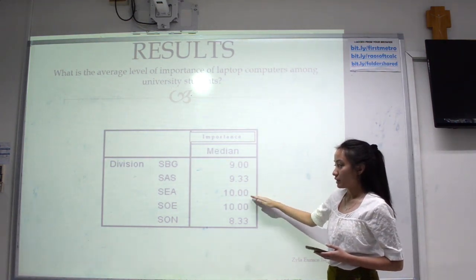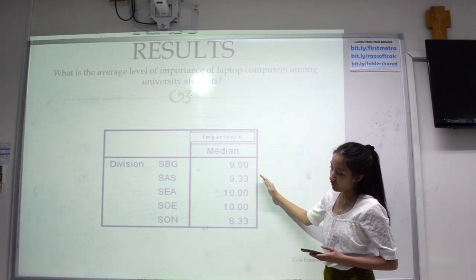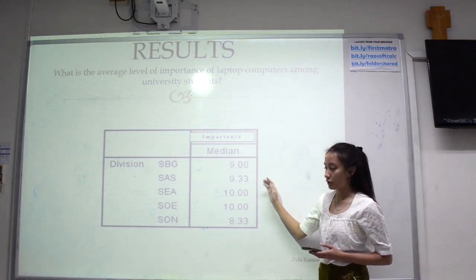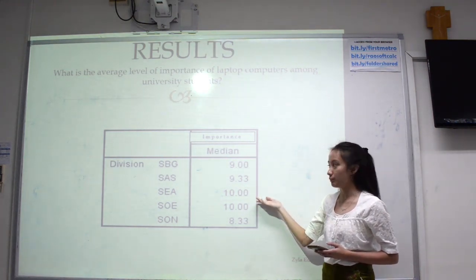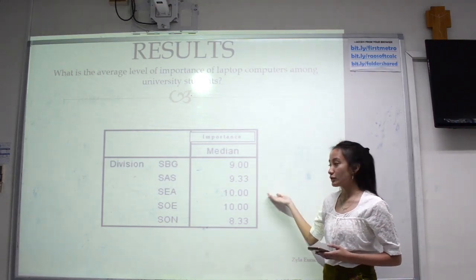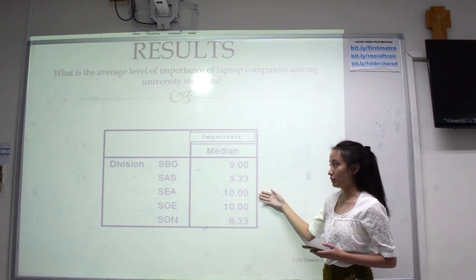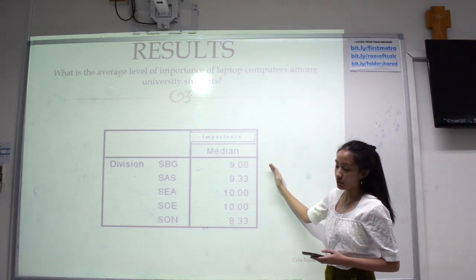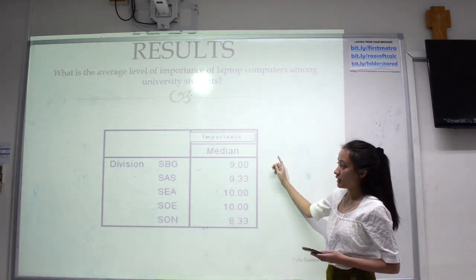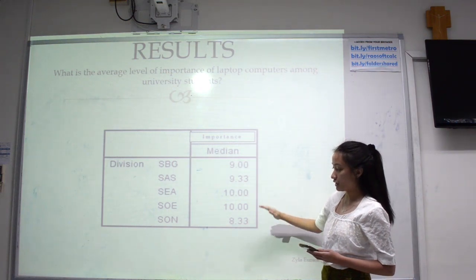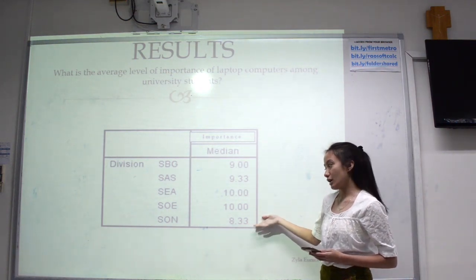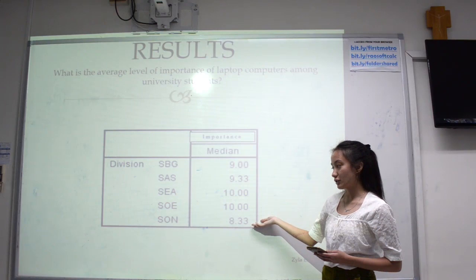The Engineering and Architecture division and the School of Education have a median of 10. It means that it is mostly important to them. Next is the School of Arts and Science, then the SBG, and lastly, slightly important from the School of Nursing.